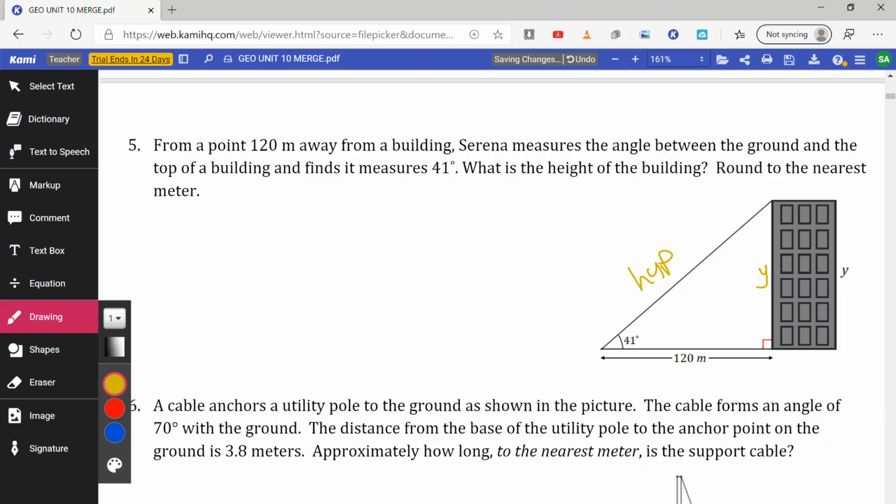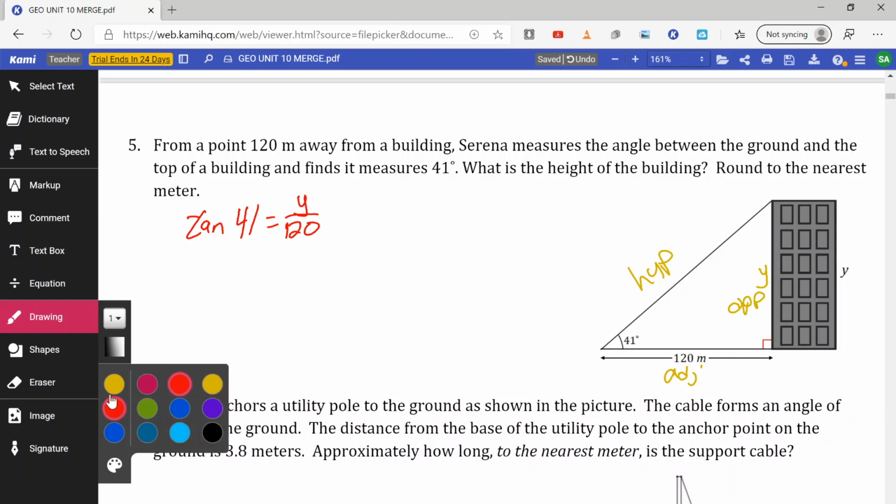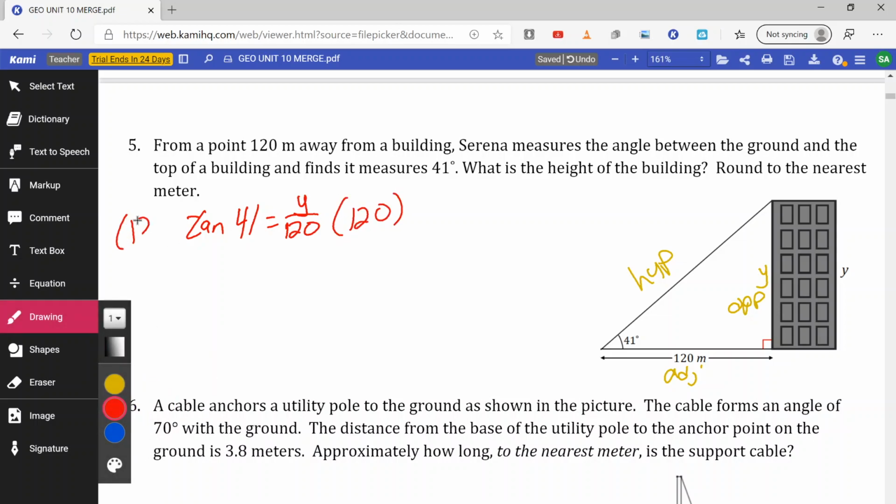There's our y, so there's opposite from 41 degrees, which means 120 is going to be our adjacent. So opposite and adjacent, meaning again, we're dealing with tangent. So tangent, in our case of 41 degrees, is equal to y, opposite, over our adjacent, 120. So to figure it out, 120 is multiplied on both sides.